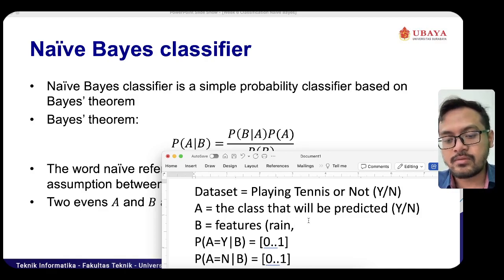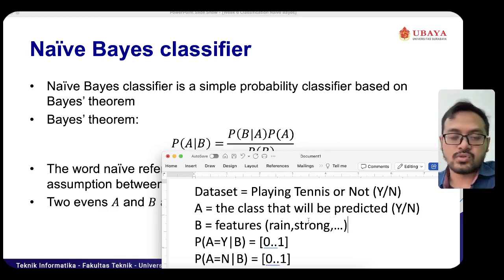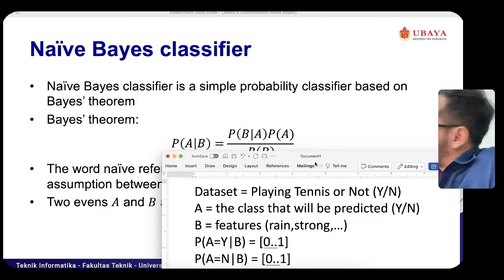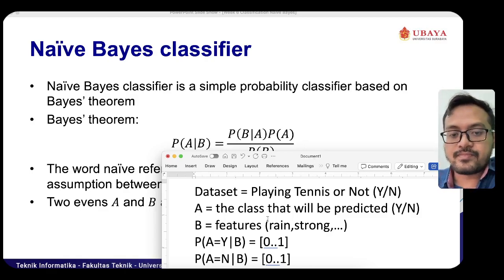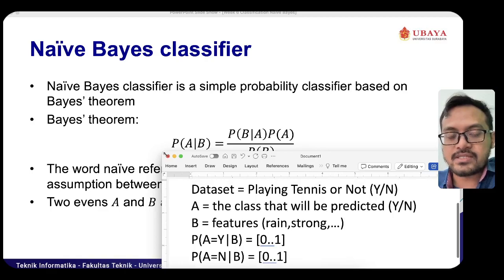It can be rain, or maybe the wind condition, strong, etc. We will see the example on the next slide. As you can see, the Bayes theorem will have the probability calculation for each class that you want to predict.